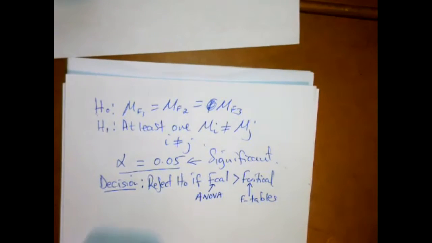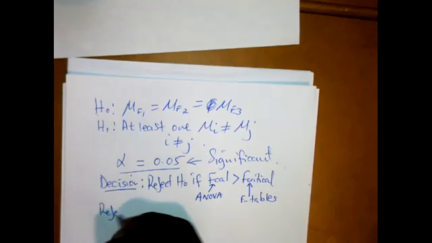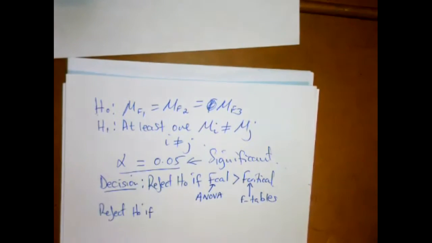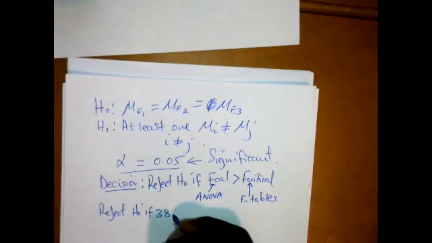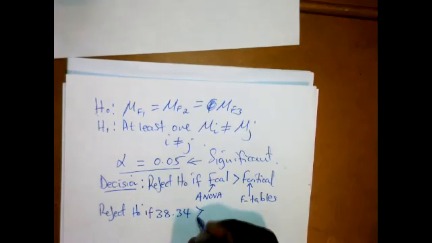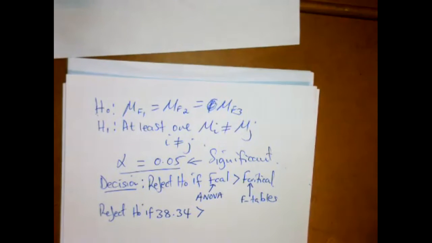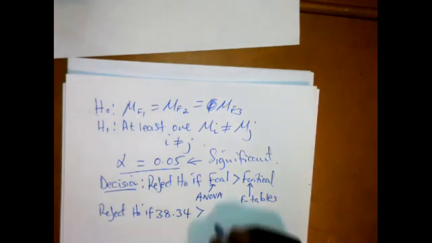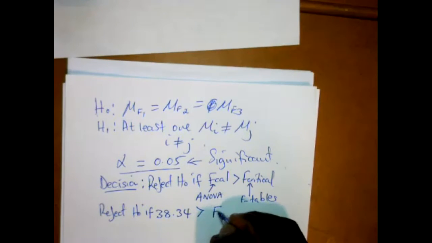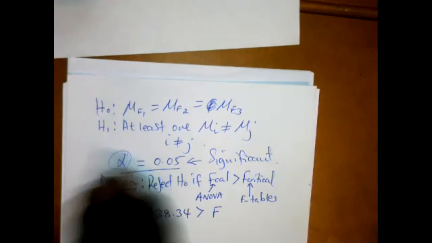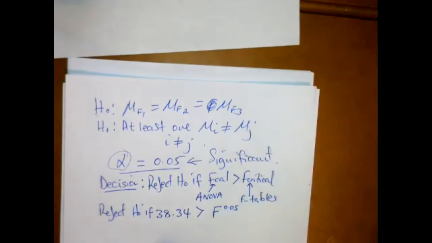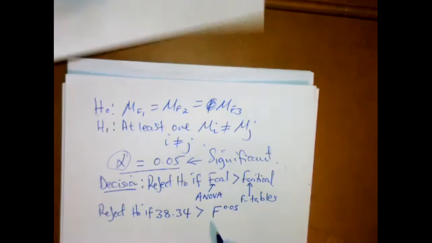So now, what are we saying? We are simply saying reject H naught if, now I have to be specific because I now have F count, 38.34 is greater than what? What is F crit? Now, for F tables, we need to say F alpha. You see, this is where we use our alpha. F at 0.05, numerator degrees of freedom.